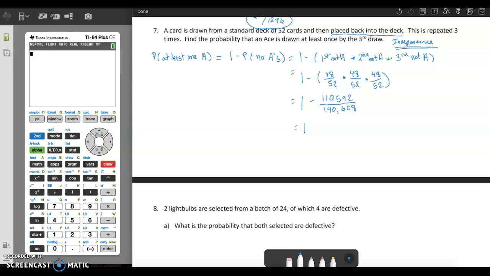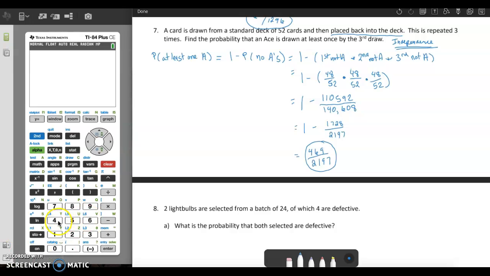That fraction does reduce. If I reduce that fraction, it reduces to 1,728 over 2,197. And then subtracting 1 minus that fraction, the best that it'll reduce to is 469 over 2,197.